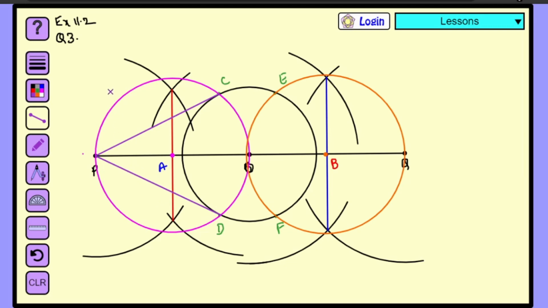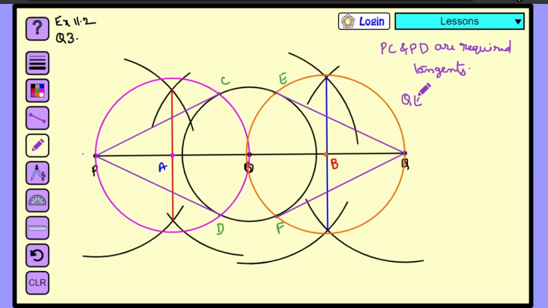Here PC and PD are the required tangents from the point P. Not only that, if we draw the other line segments, QE and QF are also the required tangents from the point Q. QE and QF are the required tangents from point Q. This is the final one.